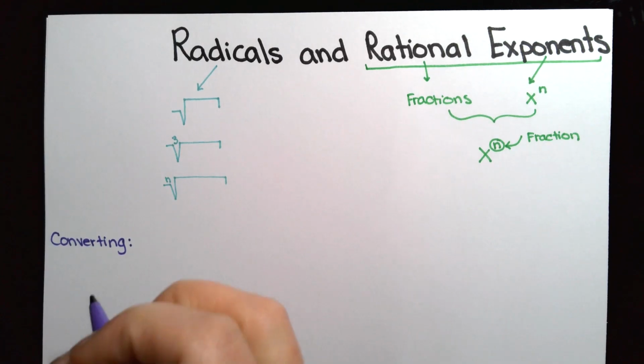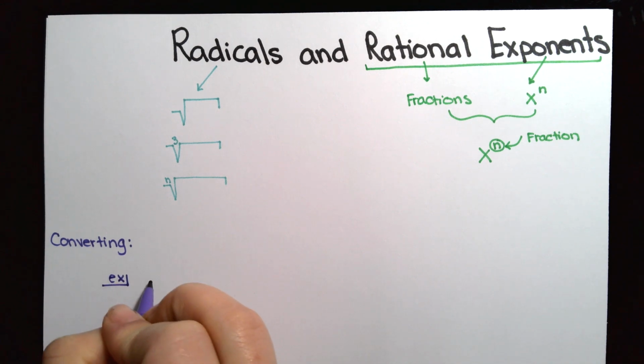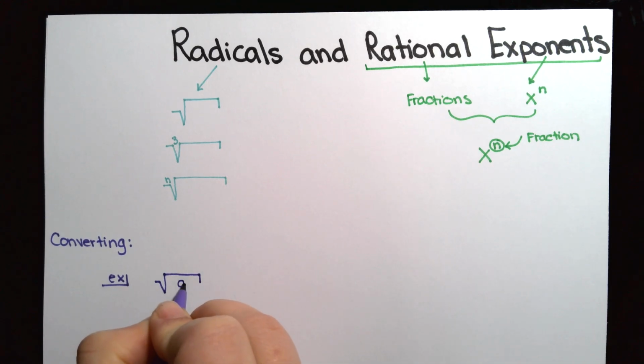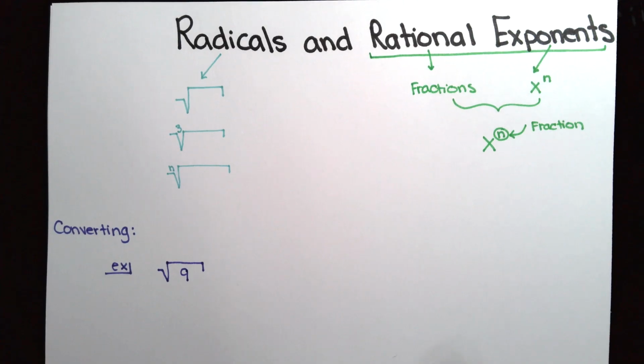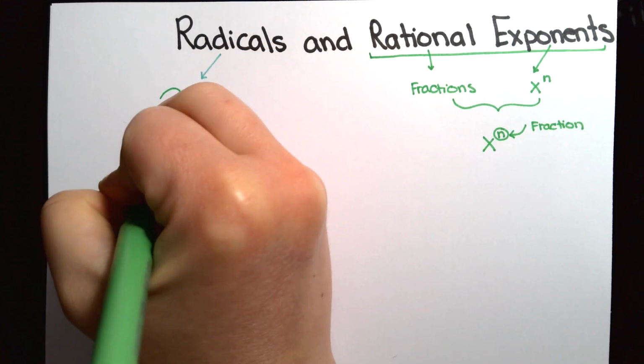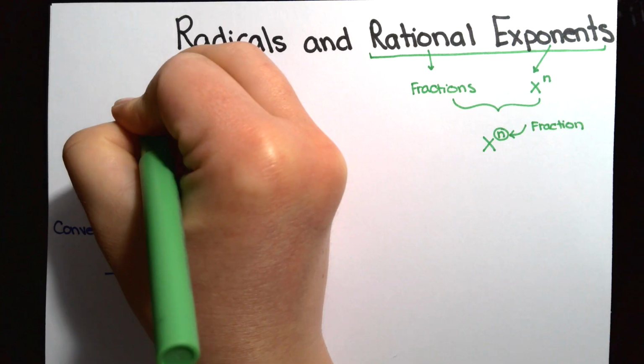Let's start with our very common square root. So if, for example, we have the square root of, let's do something like 9. A square root of 9 means that there is something called an index, which is the number that we see or don't see on the outside.